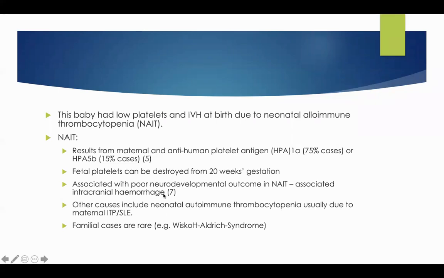And these are associated with intracranial hemorrhage, which has a very poor neurodevelopmental outcome. Other causes you would also need to think about are maternal ITP or SLE, although this usually causes less severe thrombocytopenia. And then other causes of thrombocytopenia also need to be excluded, and hematology would guide us to exclude these, but they would include things like Wiskott-Aldrich syndrome, which causes immunodeficiency and eczema.